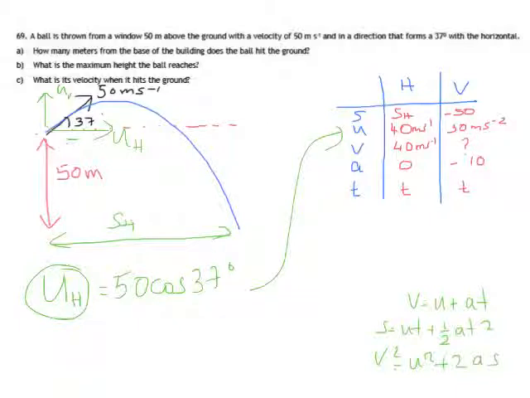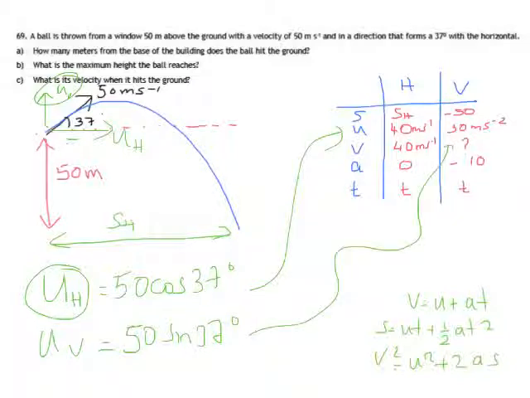And our vertical initial velocity is 50 sine 37 degrees, which gives us 30 meters per second. So that is our initial horizontal and vertical velocities.